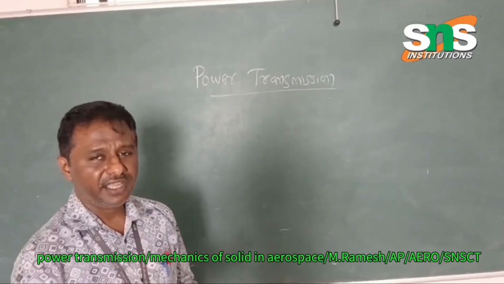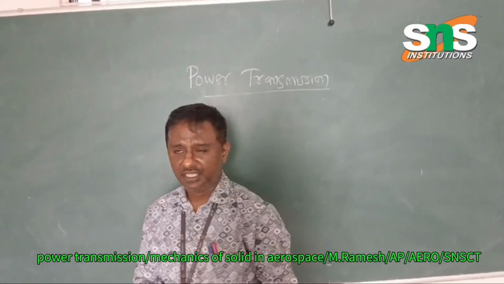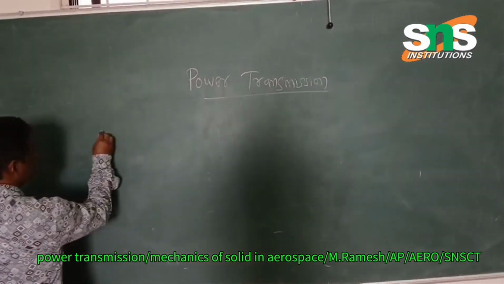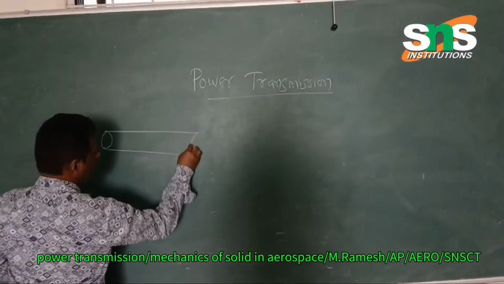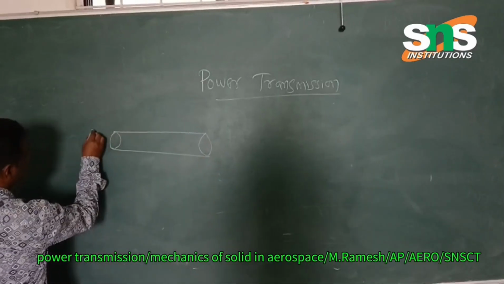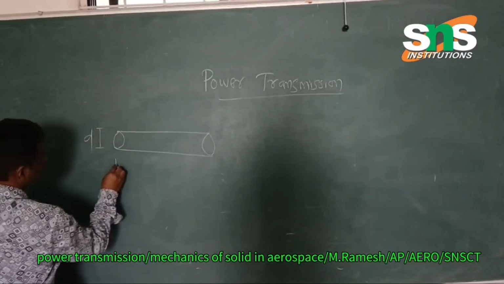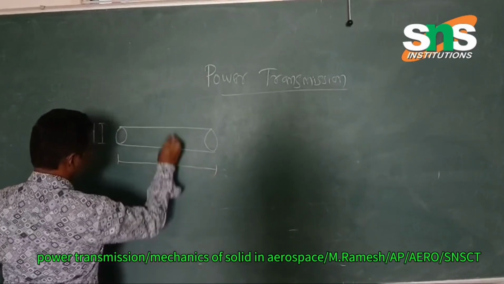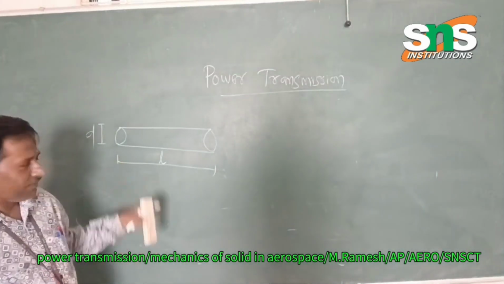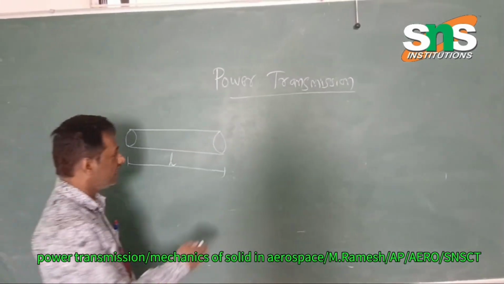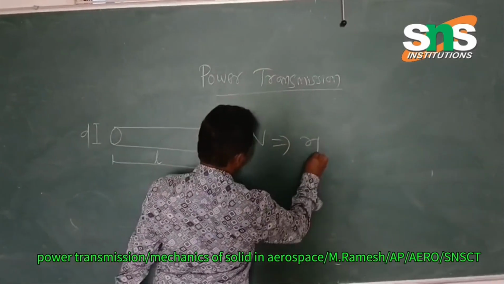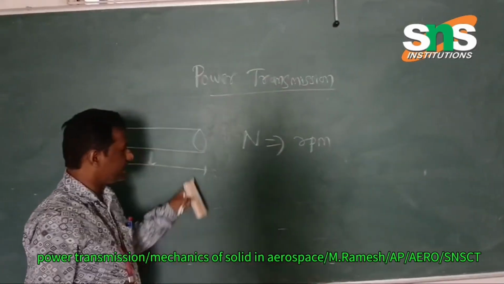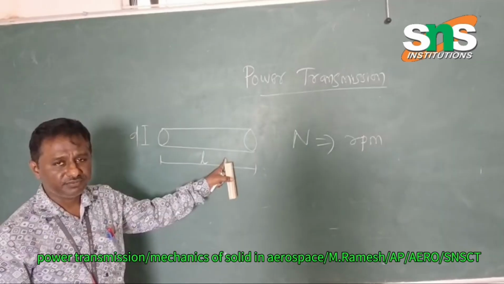Consider a shaft having a particular diameter as well as length. The shaft is rotating at a particular speed, taken as N in terms of RPM, say about 1000 RPM.